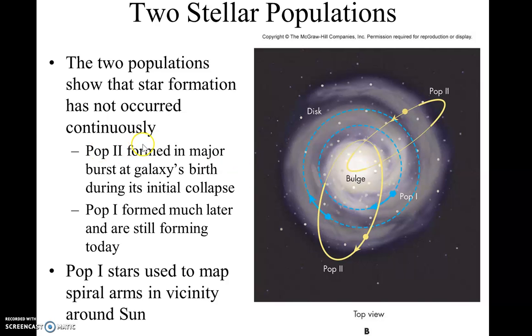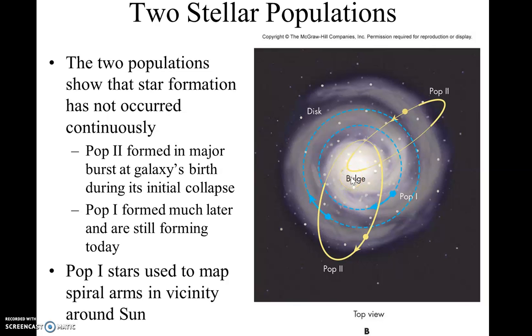In fact, we think that when the Milky Way formed, population 2 stars very quickly formed right after the collapse of all the gas that eventually formed the Milky Way. Then once these population 2 stars go supernova, they spread the metals out into the rest of the galaxy, and new stars are formed.